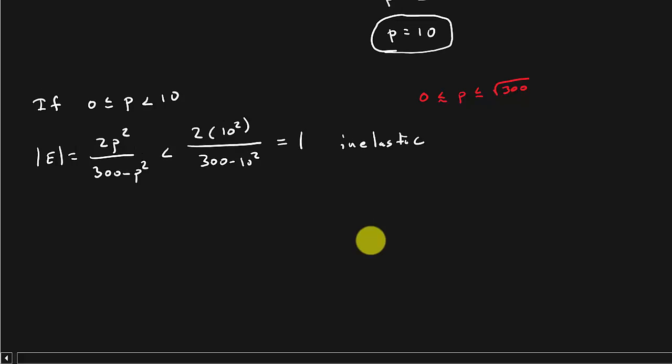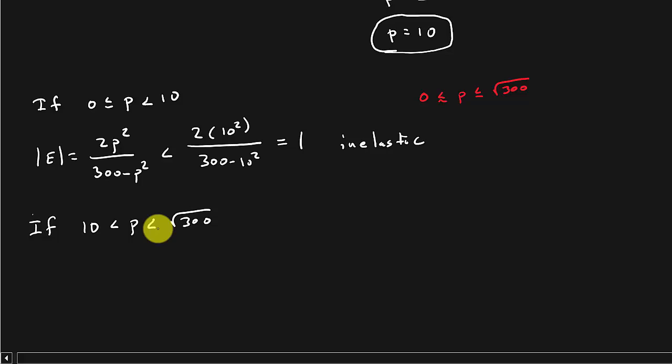So now we have, if 10 less than p less than 300. Nope, I'm sorry, I keep putting that equal sign down there.